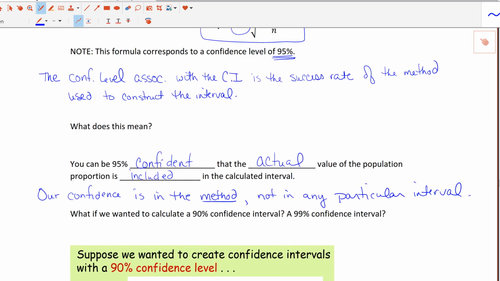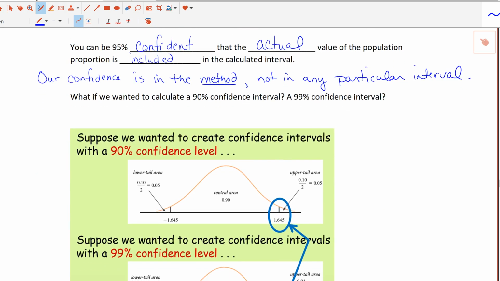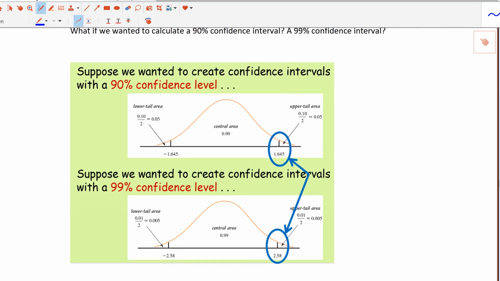Okay. So suppose that we wanted to calculate a 90% confidence interval or a 99% confidence interval. Remember that from our empirical rule, if we wanted the central area to have 90%, then we would find those z-values to be negative 1.645 or positive 1.645.